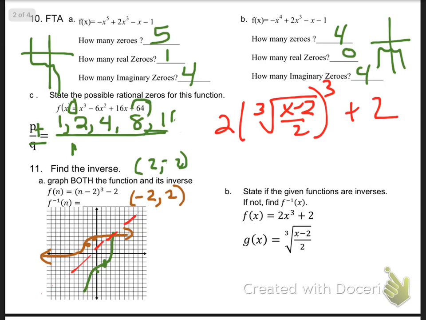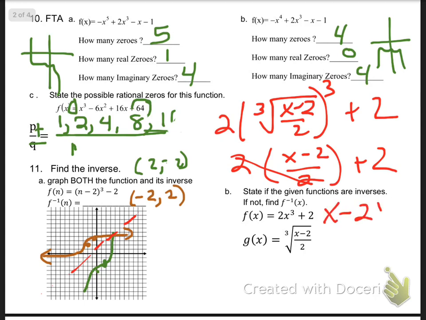All right, so cubes and cube roots undo each other, so I get 2 times x minus 2 divided by 2, plus 2. These two cancel out, so I get x minus 2 plus 2. These two cancel out, I get x. Therefore, since my answer is x, these are inverses.